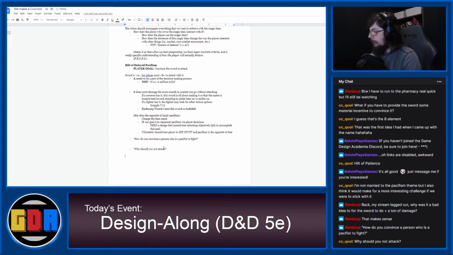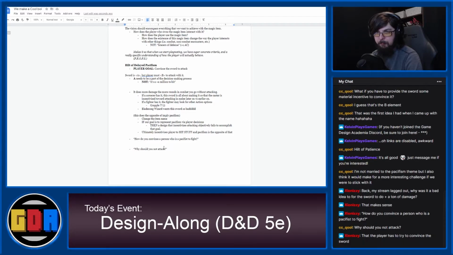I think we can be probably even more specific. Okay, yes, that question definitely does assume that the goal is still to specifically convince the sword to attack, which isn't necessarily something that we need to have in our design.